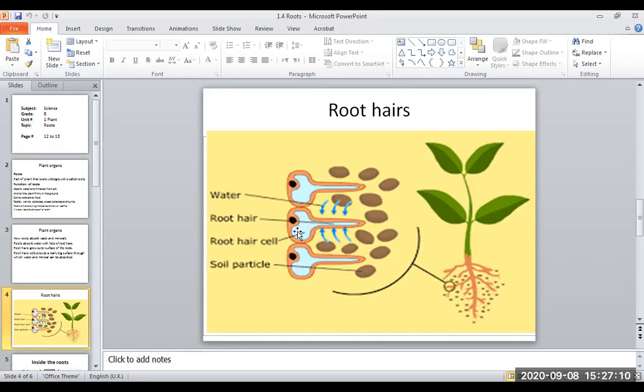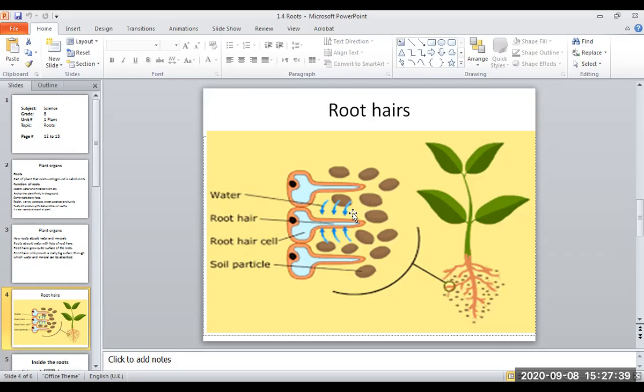Why? Because root hairs have a big surface to store water. Okay, the blue arrows represent the water, this brown like a stone is a particle of soil and sand, and this is the root hair cell. And this complete one is called a root hair.